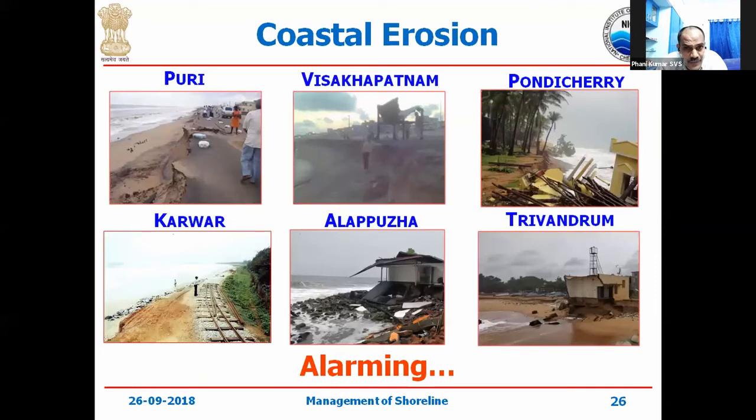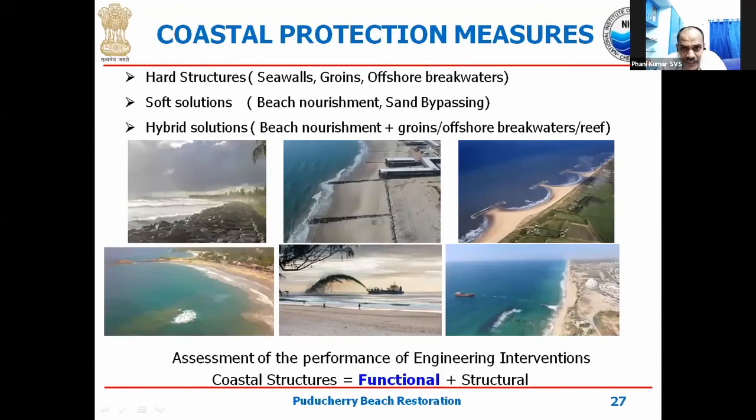Coastal erosion is an alarming situation where everyone is affected and everyone is talking about it. Next slide, please. The reasons could be man-made, or they could be natural, because of changing wave patterns and things like that. There are various solutions.